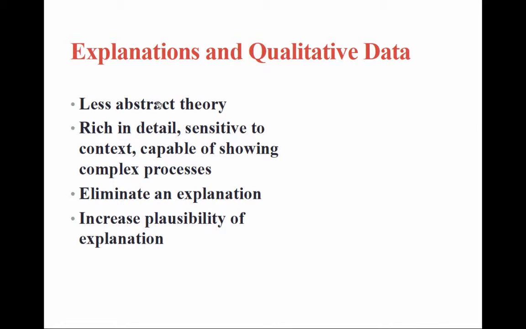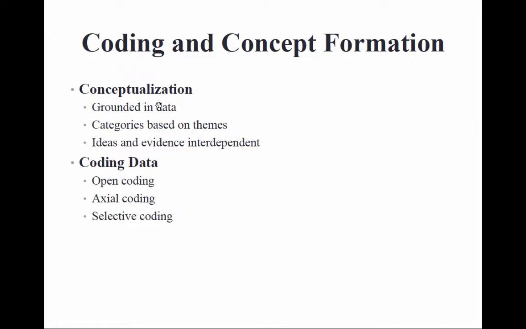You're trying to outline a bit more the complexity of the process being engaged in. As well, once you have an explanation, since it is not based on numbers, you need to make your explanation or your reasoning behind that explanation seem plausible. And the only way you can do that is by providing that context.